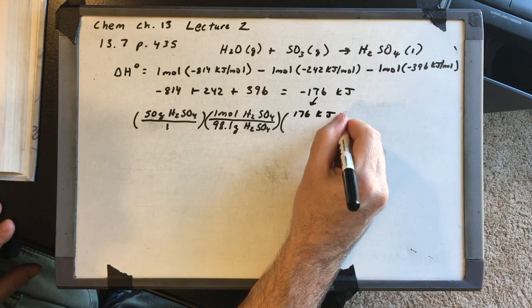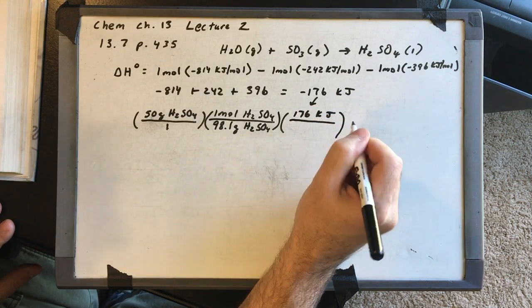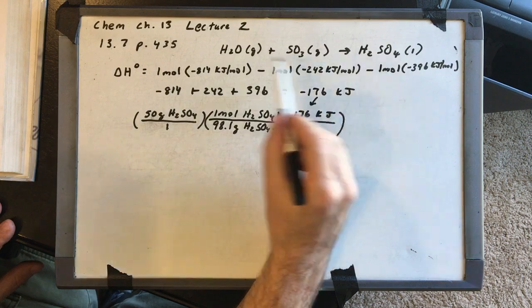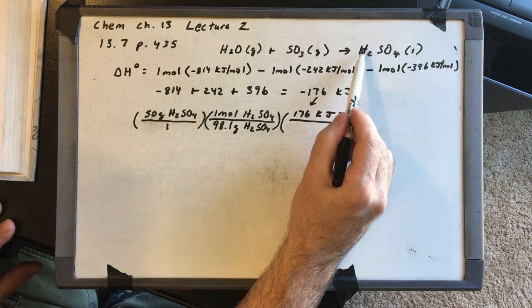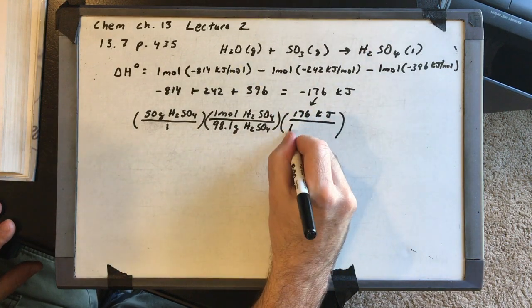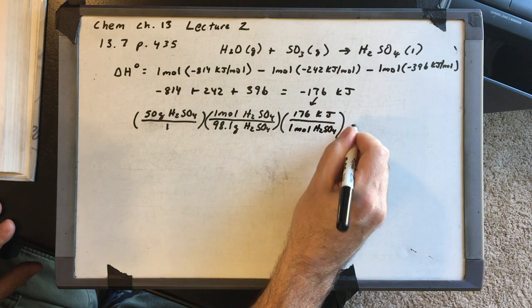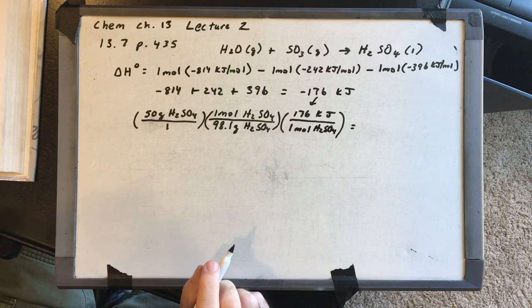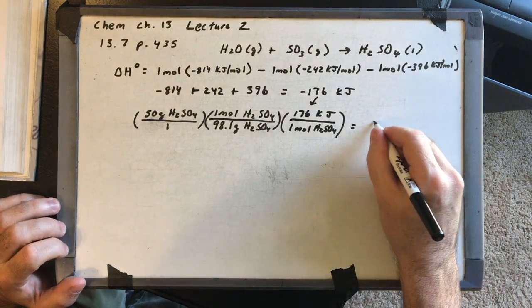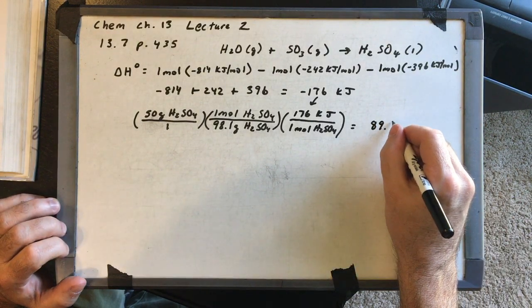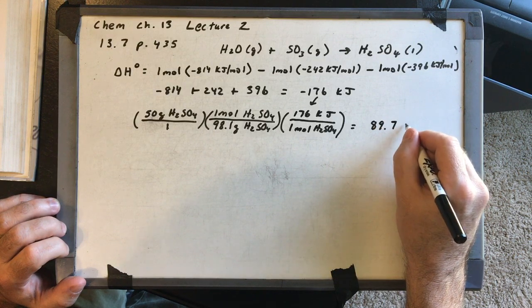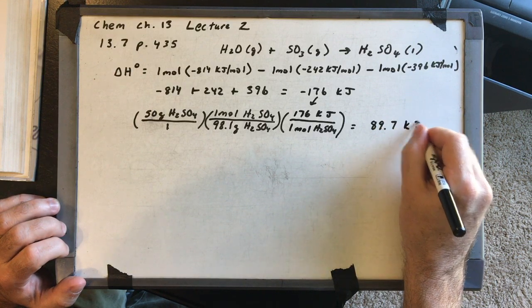Again, don't make it negative. Per, look at the stoichiometric coefficient for H2SO4, it's just 1. So 1 mole of H2SO4. And that is 89.7 kilojoules, so not nearly as much energy released per mole as the last problem.